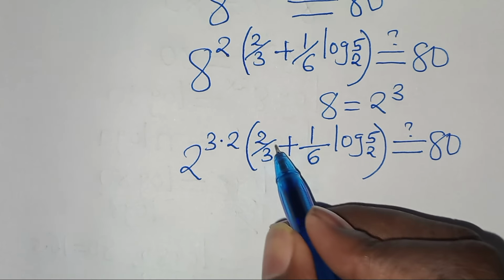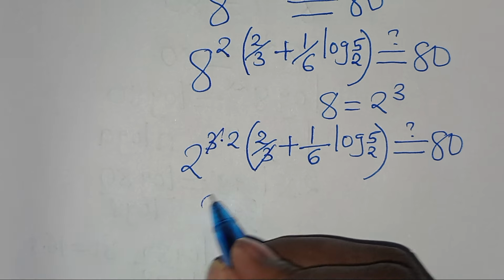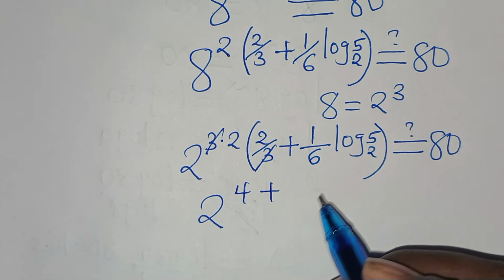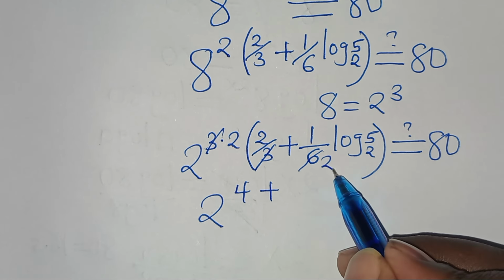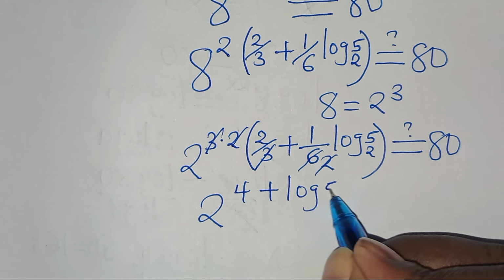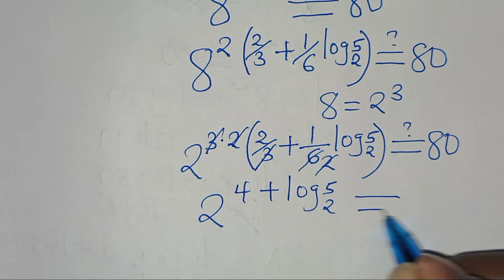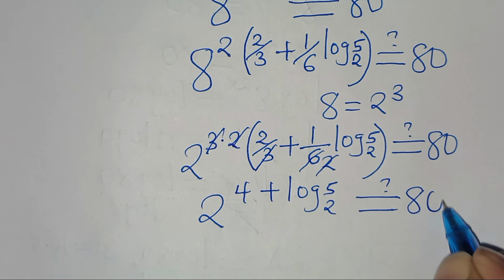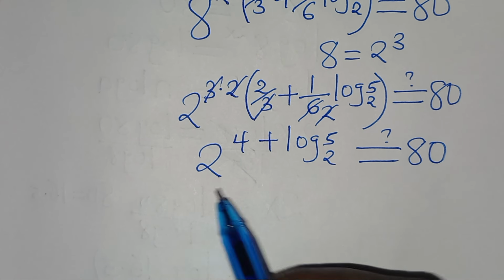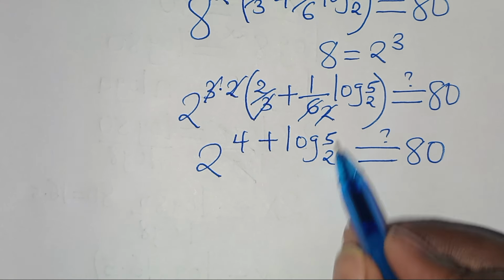Now, let's simplify 3 and 3 here so that we have 2 to the power of 2 times 2, which is 4. Then plus 3 and 3 here simplifies. We have 2, 2 and 2 simplifies. So this is log 5 to base 2. This is supposed to give us a value of 80. Now, 2 to the power of 4 plus log 5 to base 2.